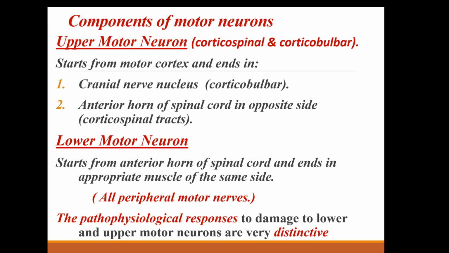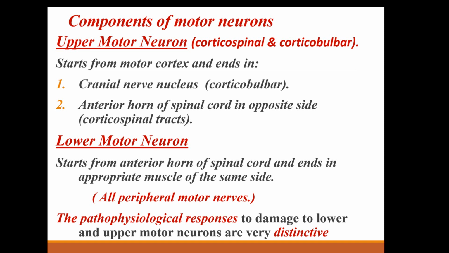The corticobulbar end in the cranial nerve nuclei, and the corticospinal tracts end in the anterior horn of the spinal cord on the opposite side. Then there are lower motor neurons, starting from the anterior horn of the spinal cord and ending in the appropriate muscles of the same side, all peripheral motor nerves.